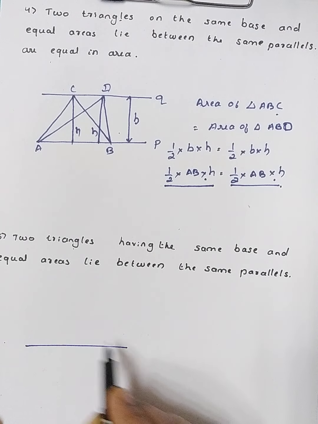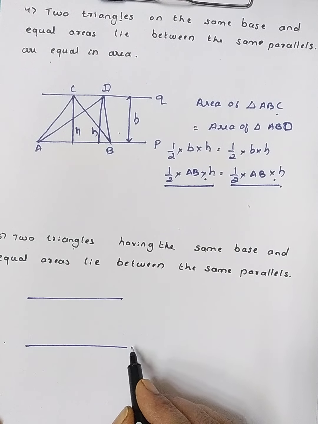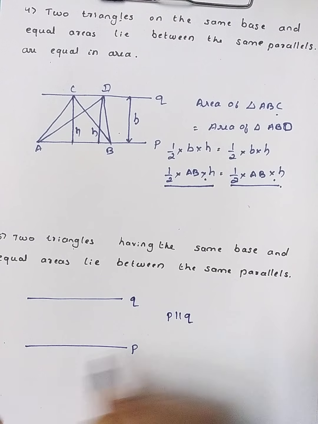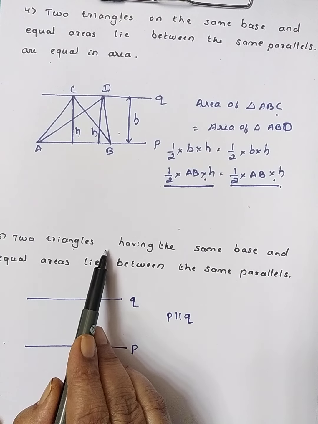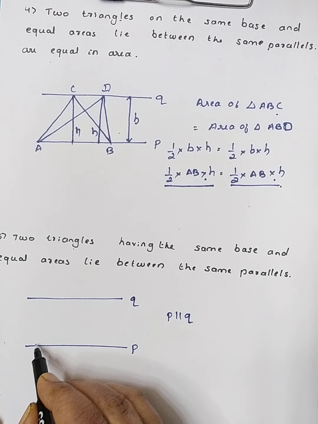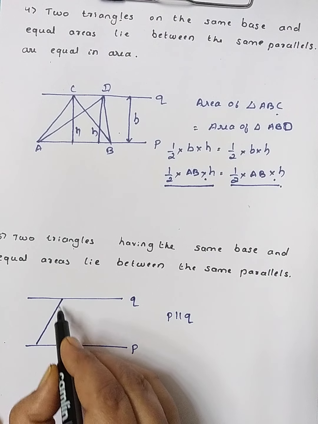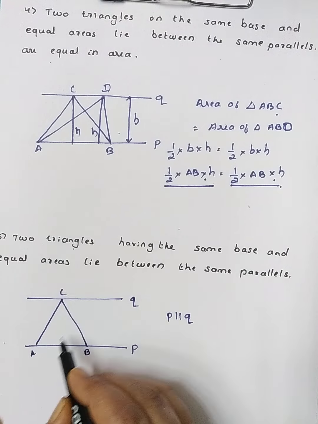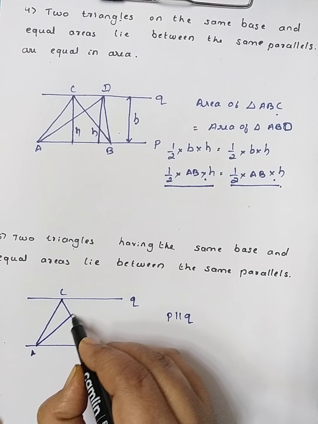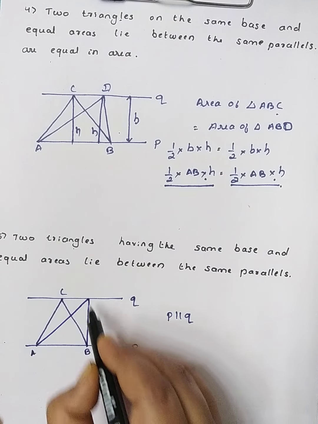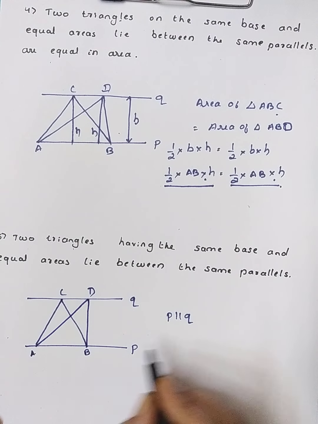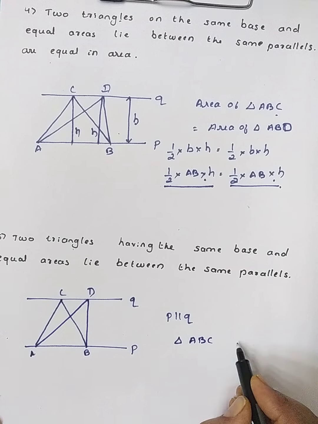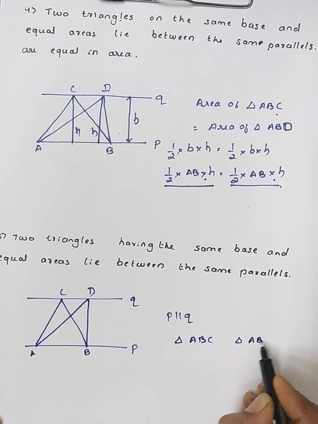So if there are two lines P and Q, P parallel to Q here, and two triangles having the same base, suppose we draw two triangles, one is ABC and another is triangle ABD.